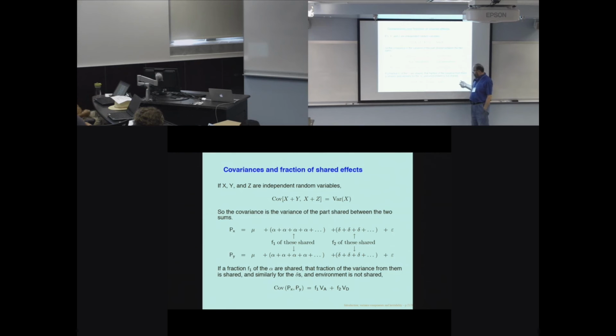But now you can say, aha, we have a formula for something we can measure, the covariance of relatives, in terms of these mysterious quantities, these variance components, V sub A and V sub D, with coefficients that we know from Mendelian genetics. So now we can use the covariances that we measure to estimate VA and VD.